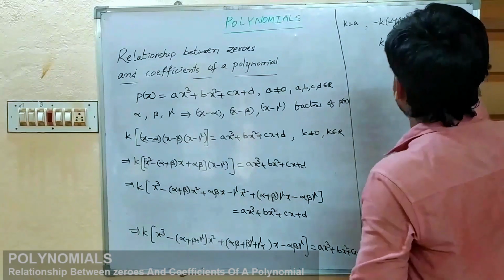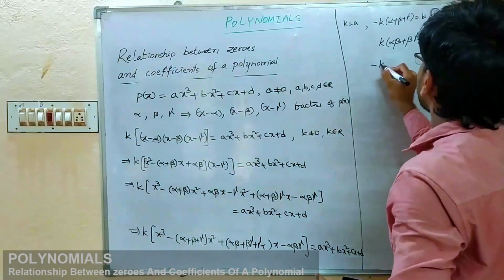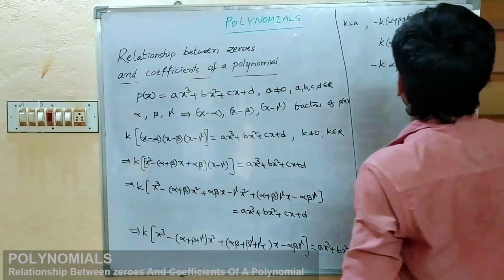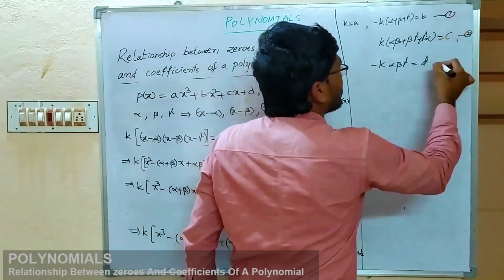Next, finally k into minus alpha beta gamma, nothing but minus k into alpha beta gamma, is equal to d. Okay. From this we can write these as 1, 2 and 3.